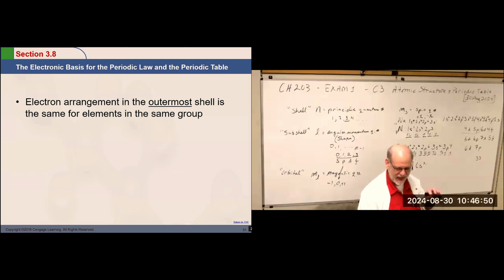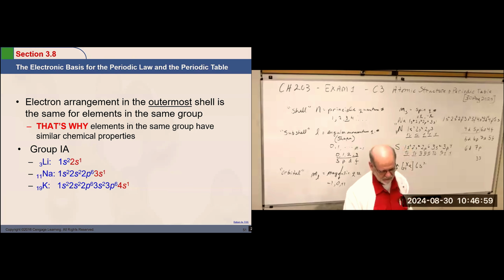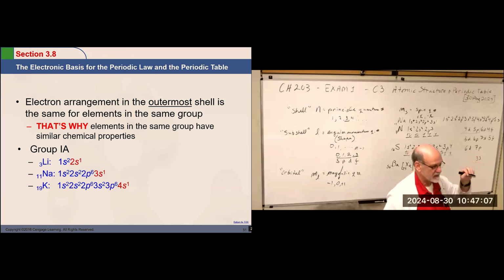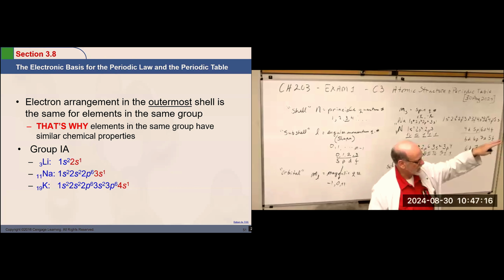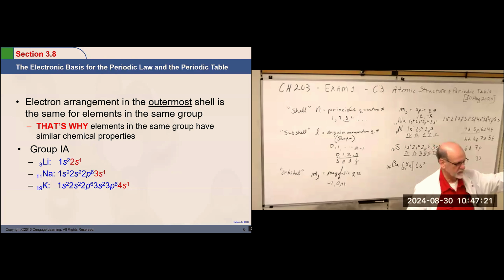The electronic arrangement in the outermost shell is the same for elements in the same group. That's why they have similar properties. So in the 1A group, that's where we get that old style. The 1A, 2A, 3A, those Roman numerals tell you how many electrons are in the outermost shell. Now that works pretty well for the alkaline metals, alkaline earths, and all of the other elements to the right, the p orbitals.